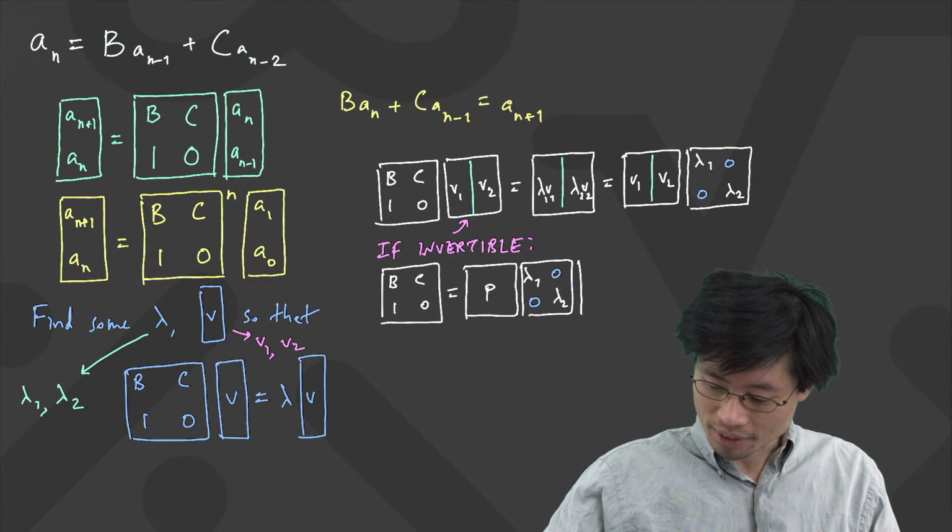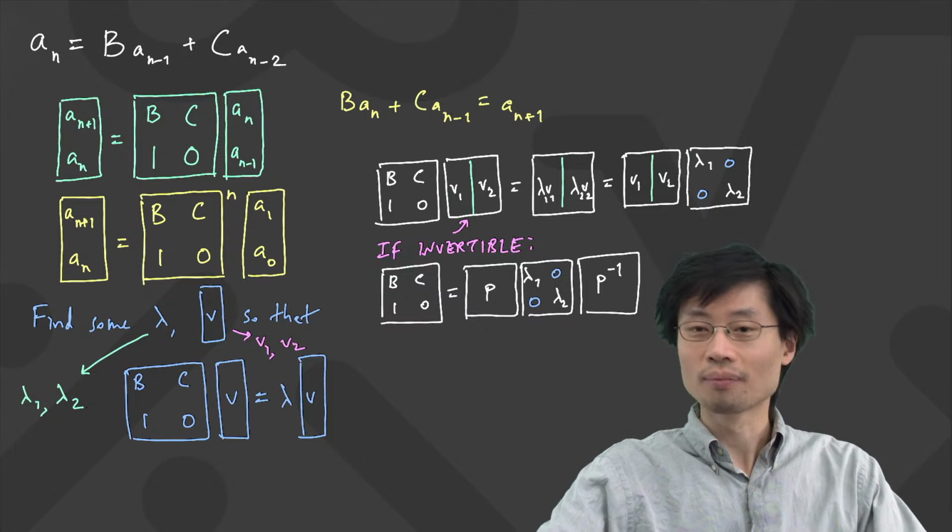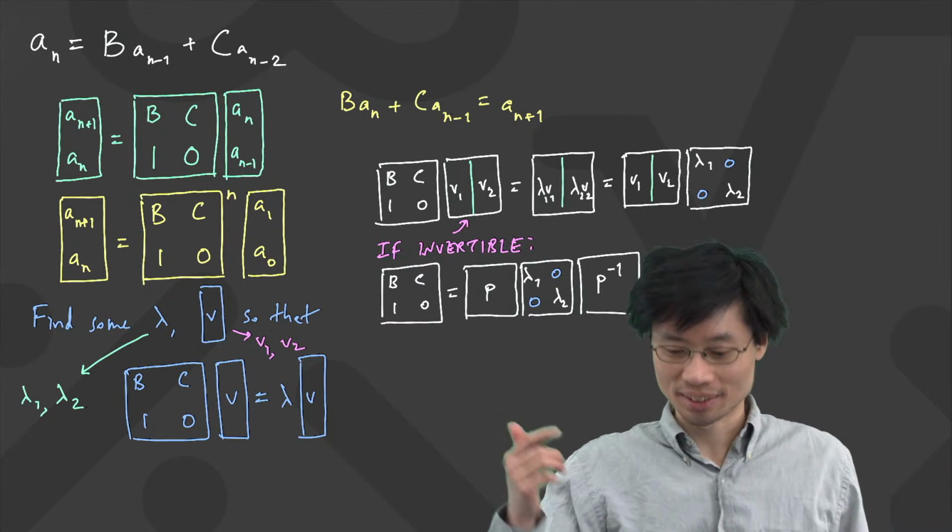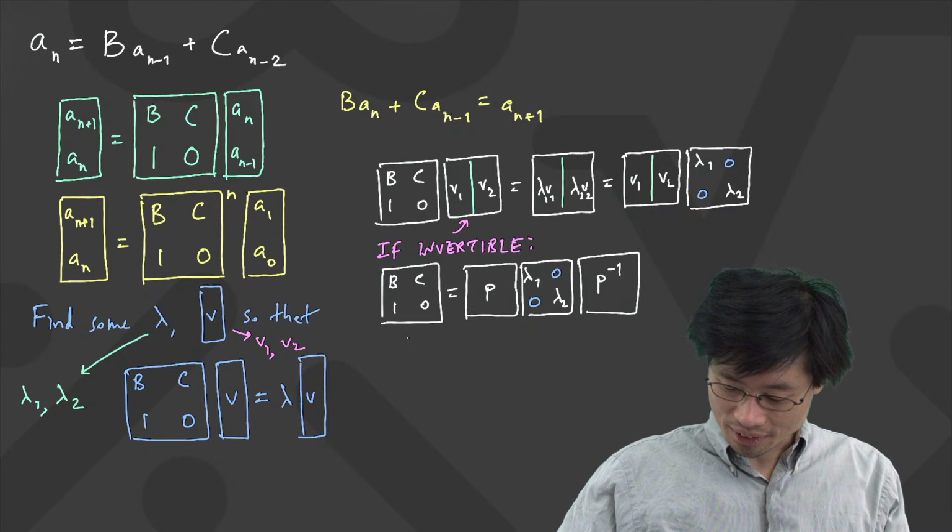And then you have the P inverse. And that is called diagonalizing a matrix. So this is called diagonalization.